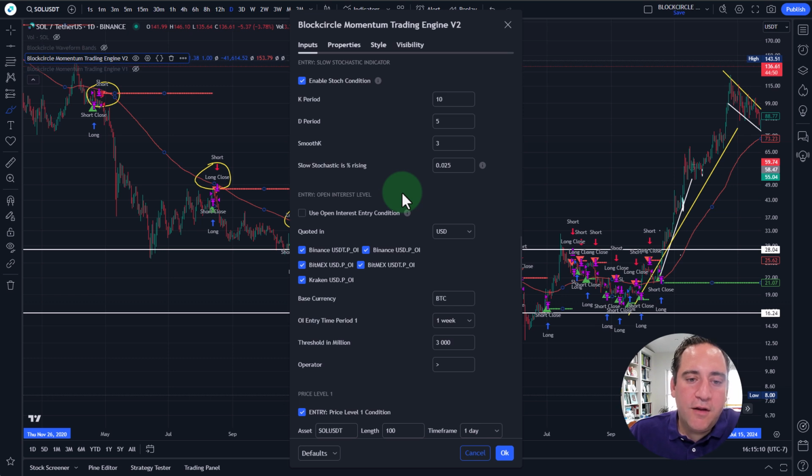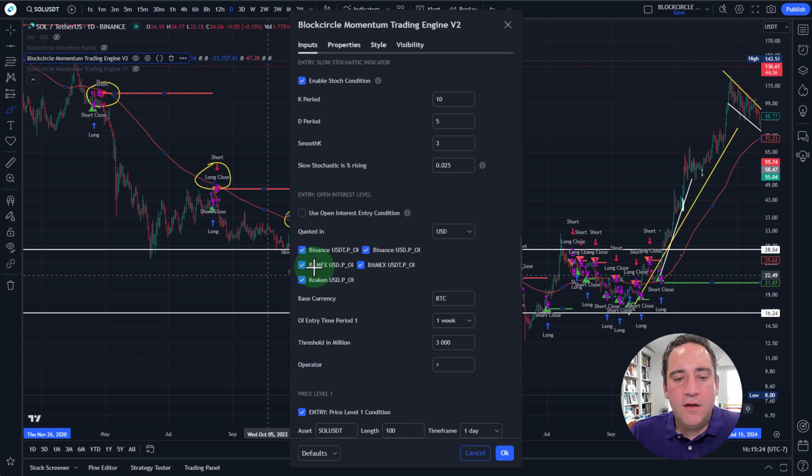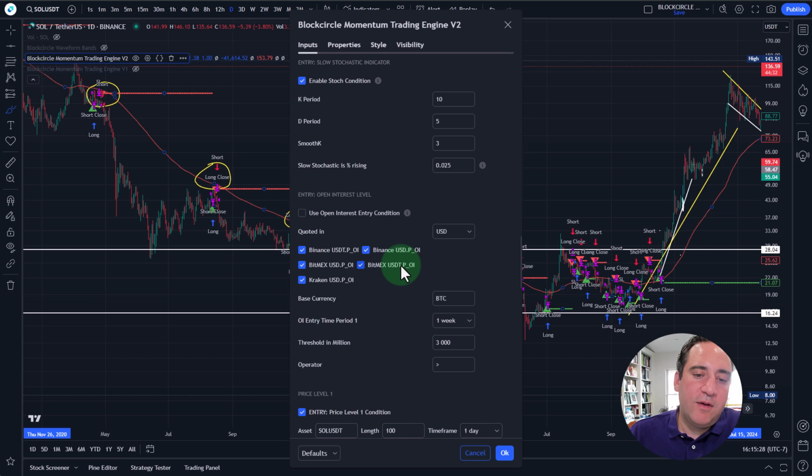And another entry condition is the open interest. So you're looking at the total cumulative perpetual futures of Solana in USDT on Binance, Solana USD in BitMEX, Solana USD in Kraken, and Solana USD in BitMEX also, but USDTP. So you could do this in different ways, just by enabling or disabling it.